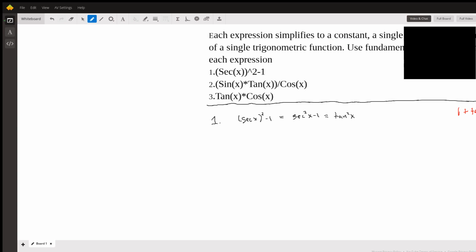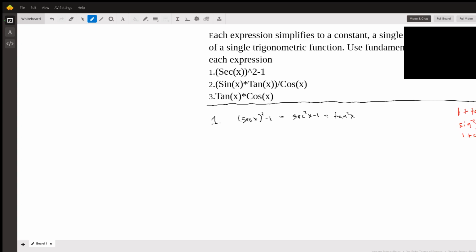While we're here, we should probably write them all out. These are called the Pythagorean identities. The most famous one is sine squared x plus cosine squared x equals 1. That's used most frequently. The other two can be derived from the middle one here. And the other one is 1 plus the cotangent squared x is equal to the cosecant squared x.